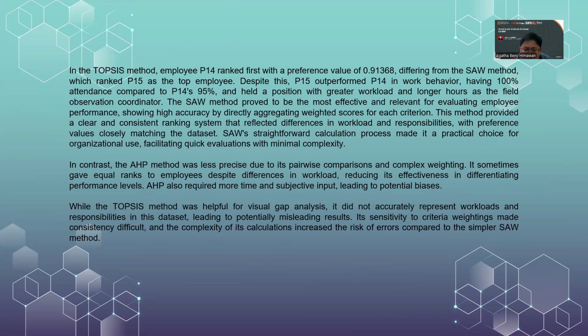Despite this, P15 outperformed P14 in work behavior, having 100% attendance compared to P14's 95%, and held a position with a greater workload and longer hours as the field observation coordinator.